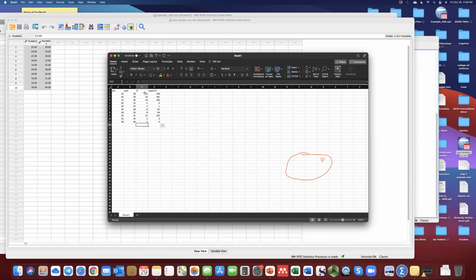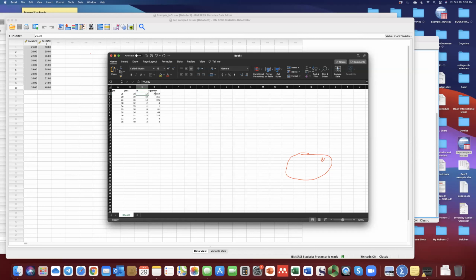And so hopefully I wasn't going too fast there, but here we've got, so each one of these, that's 38 subtracted from 25. So 25 minus 38 is negative 13, right? Negative 19 is 20 minus 39.